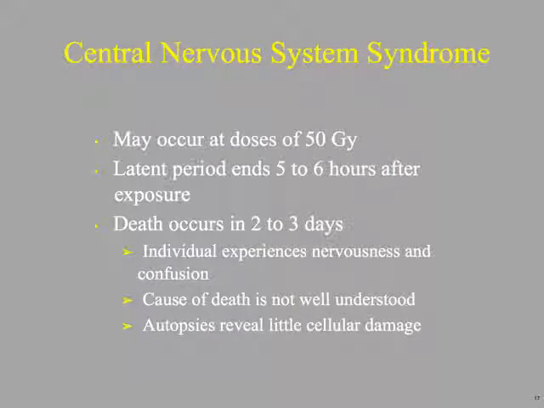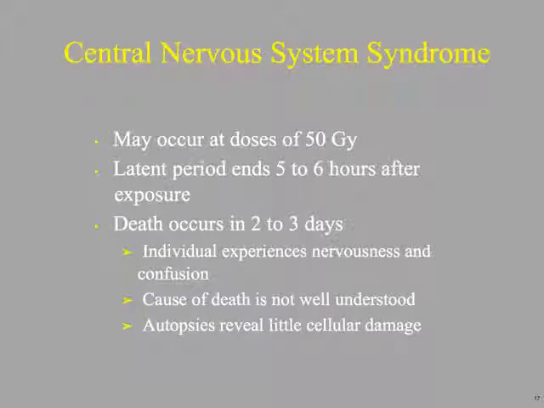And that is why with the CNS syndrome, at doses over 50 gray, we no longer see a latent period, or the latent period will be very, very short, right? Because now we're talking about the direct death of a cell system that has no replenishment process. So death will occur in 2 to 3 days.